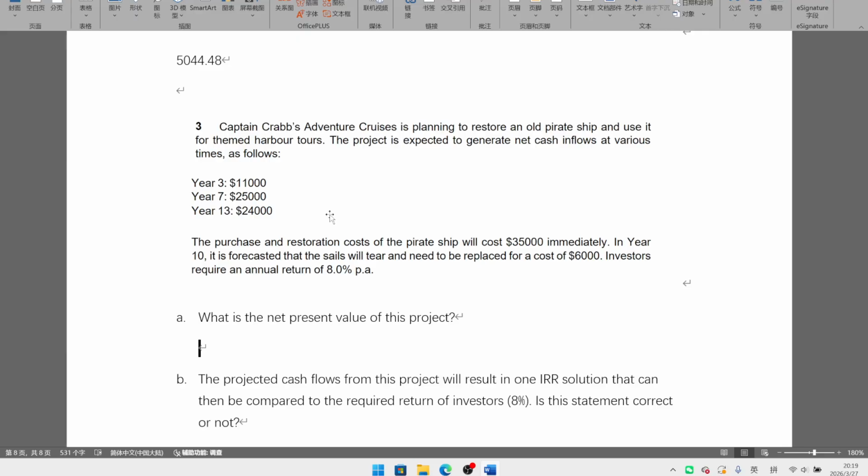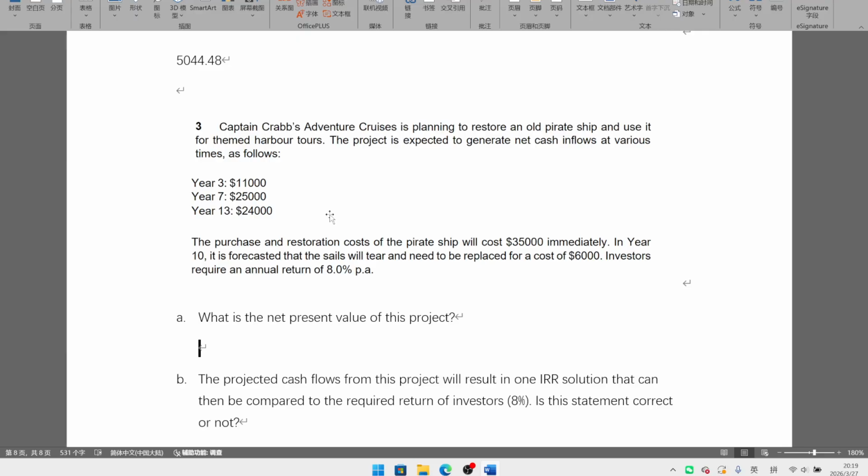So the final one, N is 13, I is 8, FV is 24,000. Compute the PV, still 8,000. I don't know what's going on with that. We can use the negative sign to calculate that.